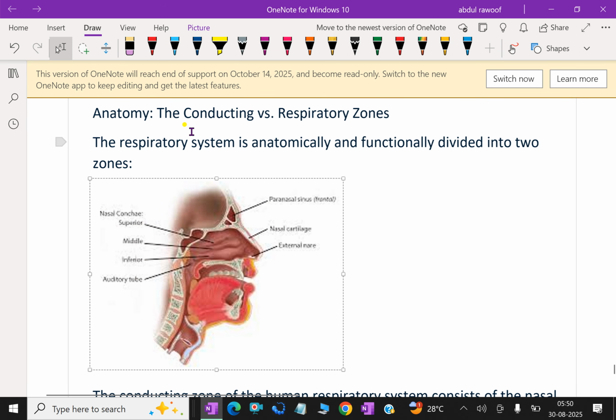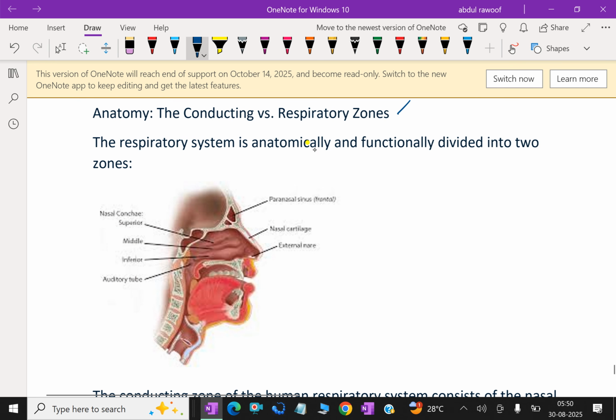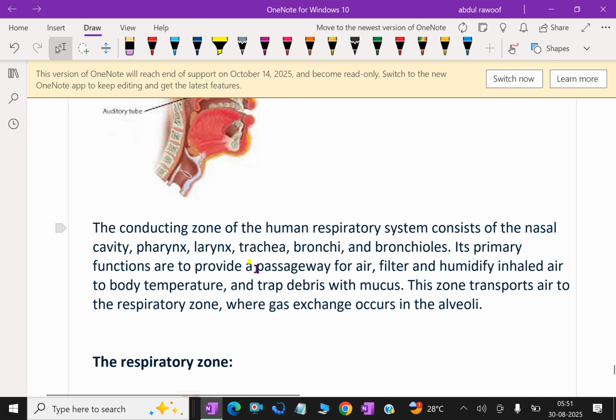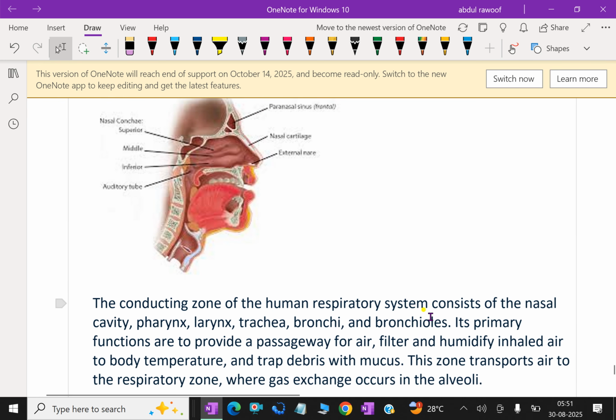And in anatomy, we can see the conducting versus respiratory zones. The respiratory system is anatomically and functionally divided into two zones. The conducting zone of the human respiratory system consists of the nasal cavity, pharynx, larynx, trachea, bronchi, and bronchioles.